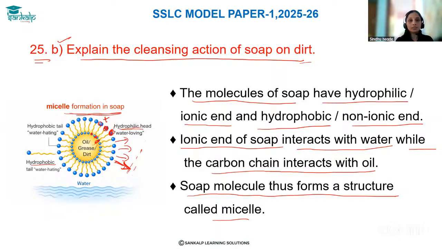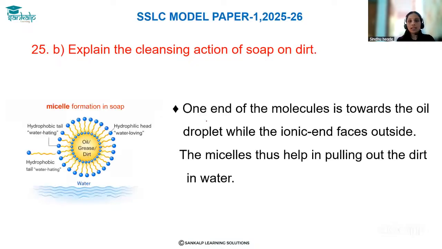Then one end of the molecule is towards the oil droplet while the ionic end faces outside. This hydrophobic end is towards the oil, and the hydrophilic end is towards the water. So like this a micelle is formed.